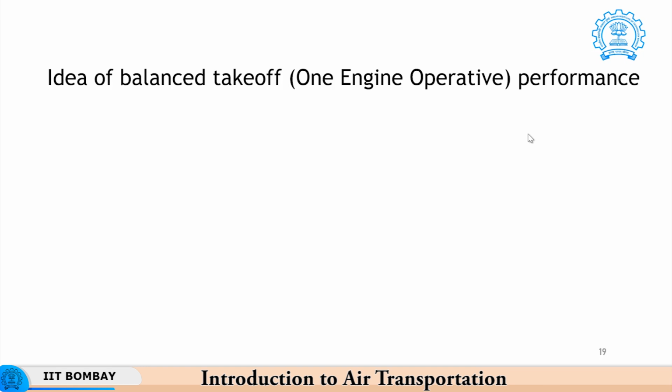Now, there is an idea of balanced takeoff with one engine inoperative, and that is a condition when the accelerate stop distance with one engine operational is equal to the total distance required to clear the obstacle height with one engine not working.